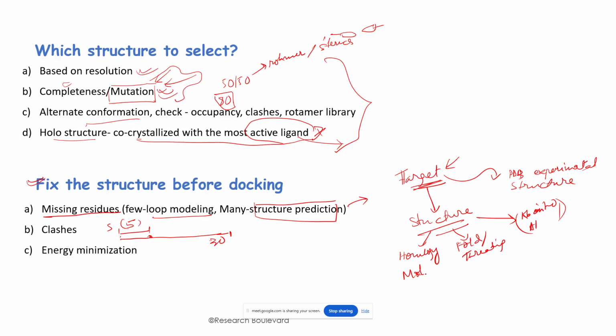Modeler is one of the most commonly used software to do homology modeling. Then SWISS-MODEL also is one of the most popular software, and for threading or fold recognition you can use I-TASSER. Okay, and for ab initio or AI based you can use AlphaFold.